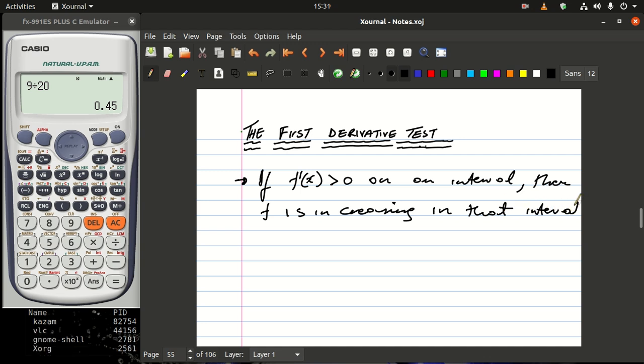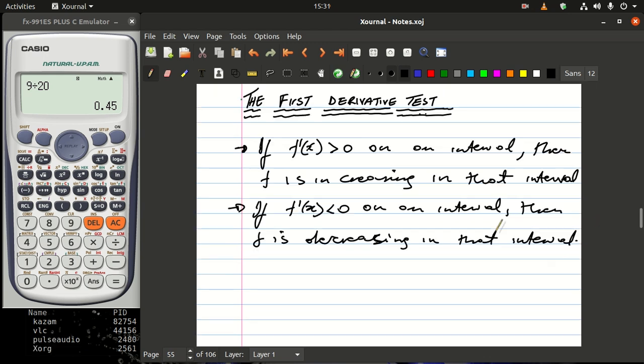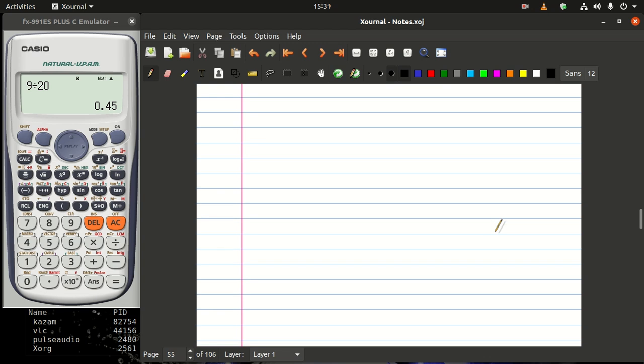Remember, in one of the lessons we talked about this, and we also said that if the first derivative with respect to x is less than 0 on an interval, then f is decreasing. So it is coming down, decreasing in that interval. That is one of the things I want you to note down.